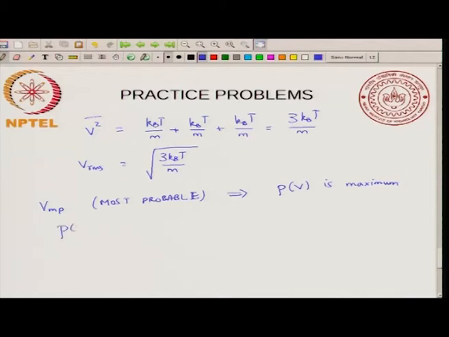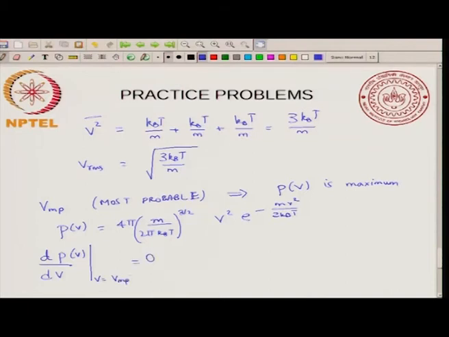P of V we wrote as 4 pi times m by 2 pi kBT raised to 3 by 2, times V square e to the minus m V square by 2 kBT. If this is maximum, it means the derivative of this with respect to V should be 0. So, dP of V by dV at V equal to V most probable is equal to 0.